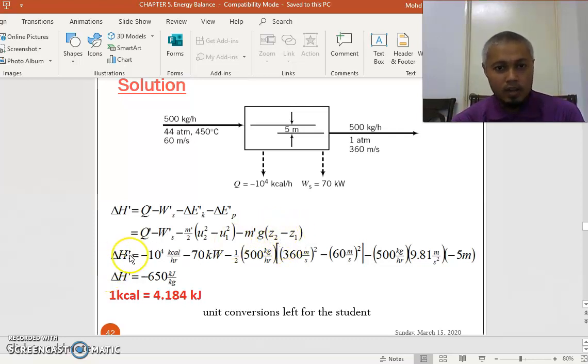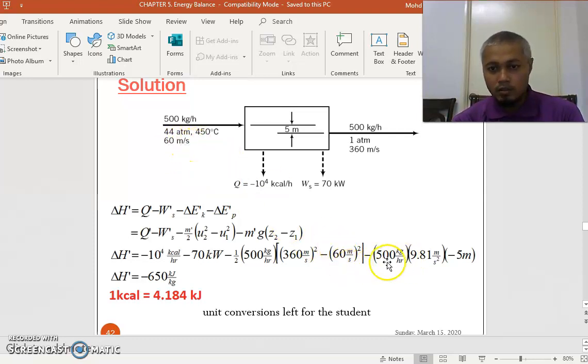So if we plug in the values that we have, we have negative 10 to the power 4 kilocalorie per hour, then minus 70 kilowatt, and half m, 500 kg per hour, times v outlet squared minus v inlet squared, where the outlet velocity equals 360 meter per second and the inlet velocity is 60 meter per second.